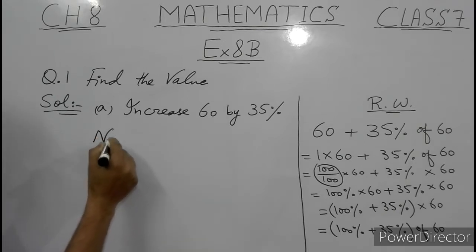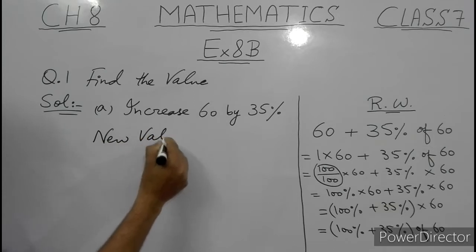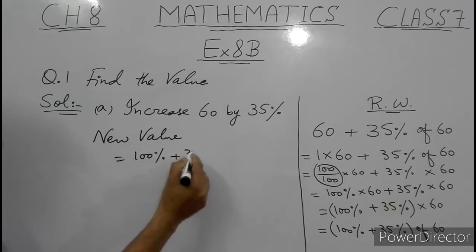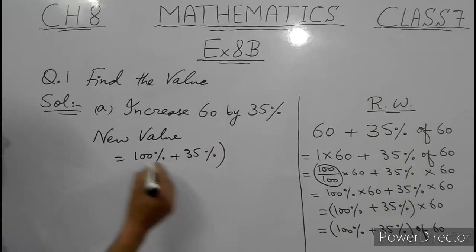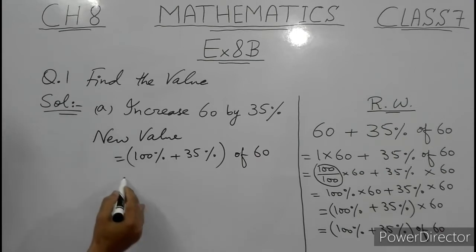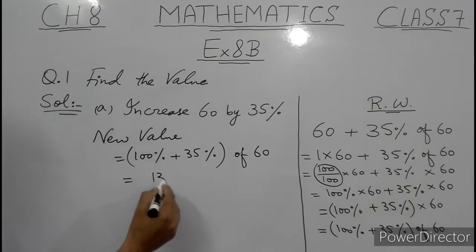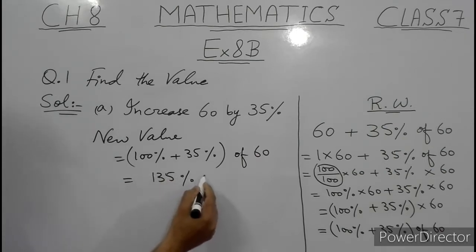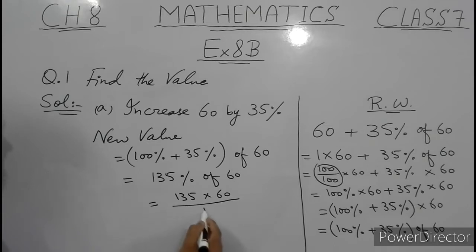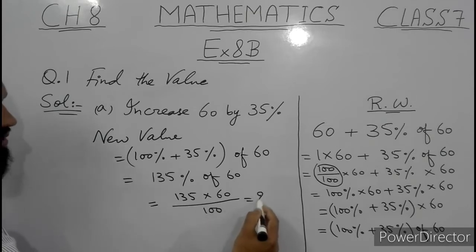So the required value will be 100% plus 35% of 60. 100% plus 35% will become 135% of 60. Now by using calculator, we will get 81.